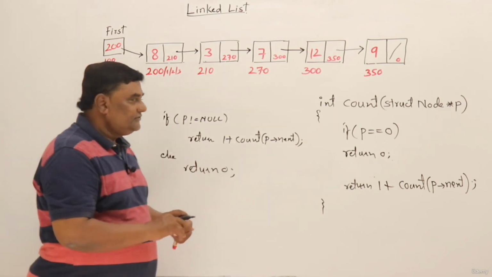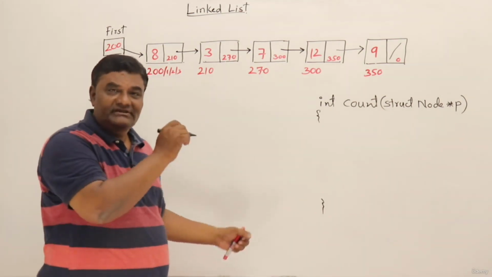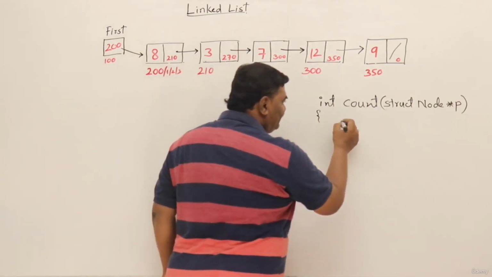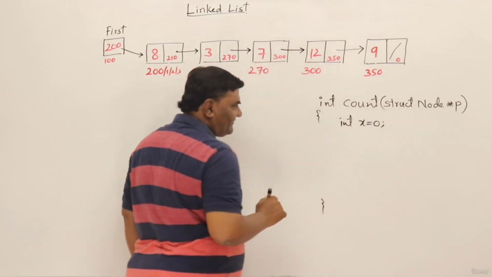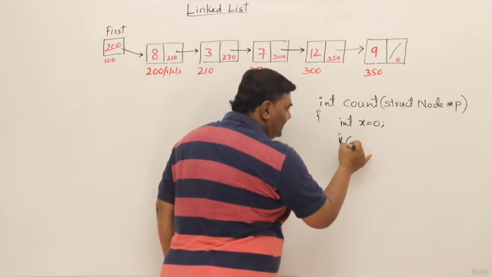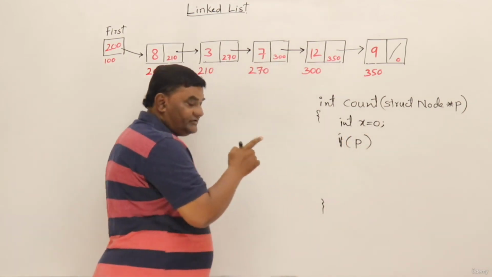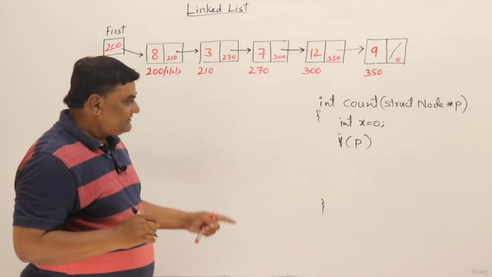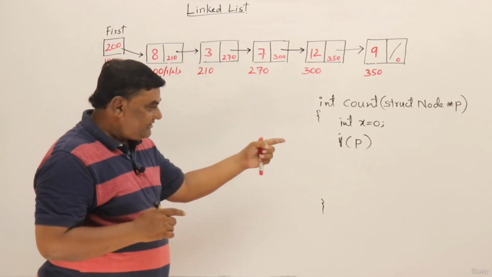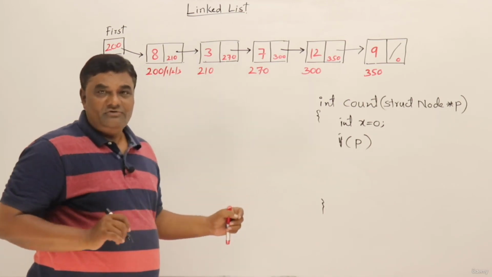Now one more thing I'll show you. I'll write the function using some variable. I will declare a local variable x, having value 0. If P, meaning P is not null. You remember, in one of the videos I showed you this one. This will be true if P is pointing to some node.